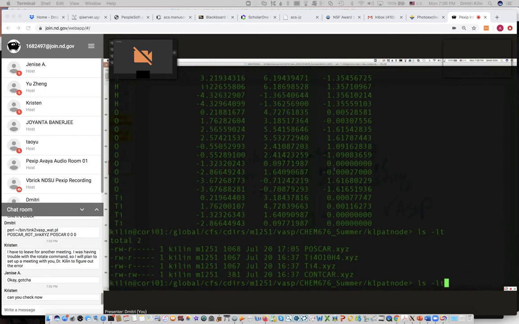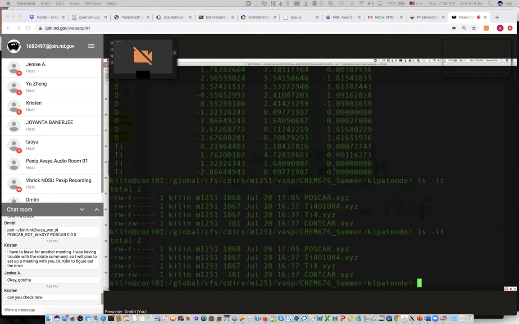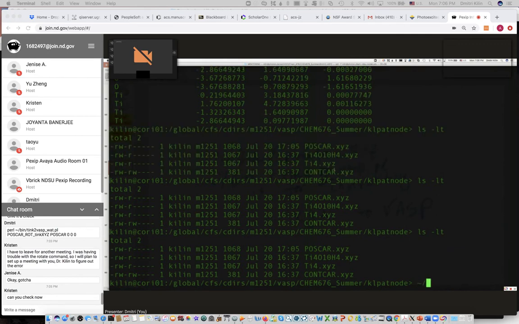Kristen, your postcard file is normal, and now if you type this rotate command, it should be correct. Or I can type it myself. Bin rotate xyz. And then after you start the command, you type 0 enter 0 enter 0 enter.